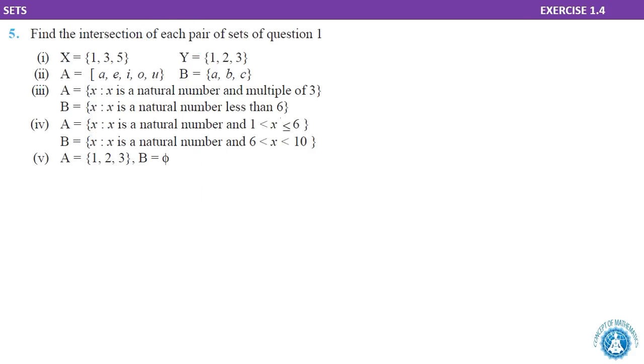Now, the intersection of X and Y. So let us see what the intersection of sets is.